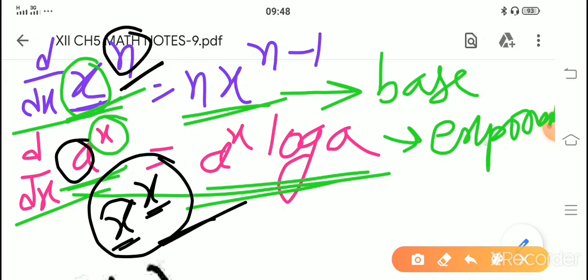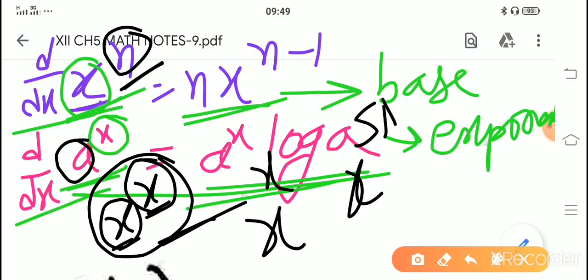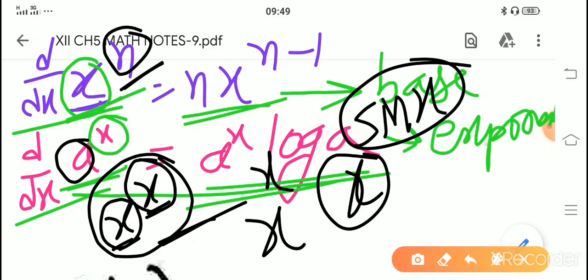But if both exponent and base are variables, like x power x, x power sin x, then we have to take the help of logarithms. Then it becomes very easy to differentiate. Otherwise we do not have a process for finding the differentiation of x power x or x power sin x without the help of logarithms. So we must take the help of logarithms.